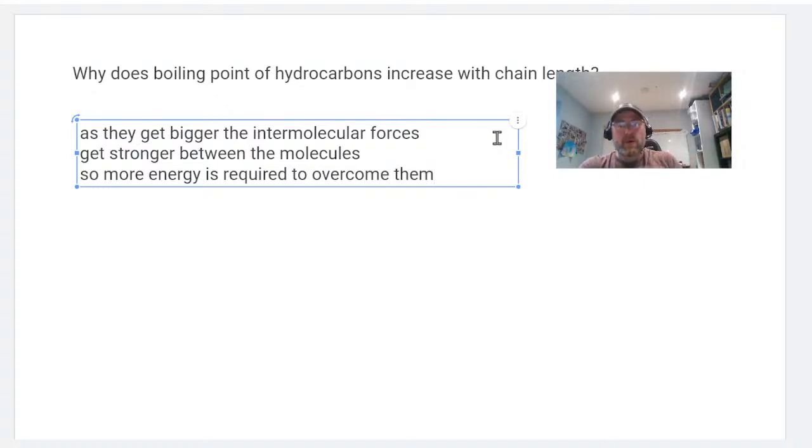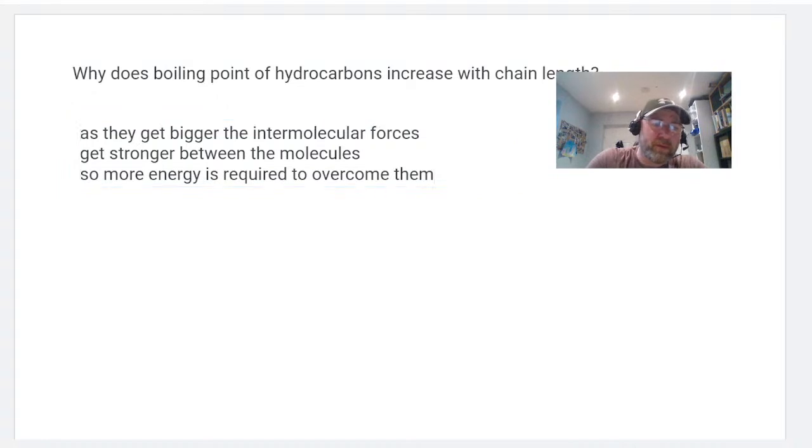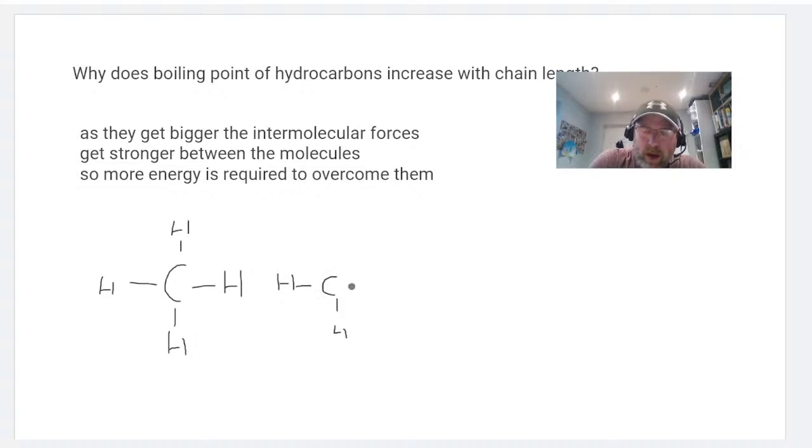Cool. Remember, you're not actually breaking bonds when you boil something. If I'm boiling this methane, it's already a gas, but if you had solid methane at like minus 200 degrees and wanted to separate two methane molecules from each other, I'm not trying to break these bonds. Alkanes have pretty strong covalent bonds.